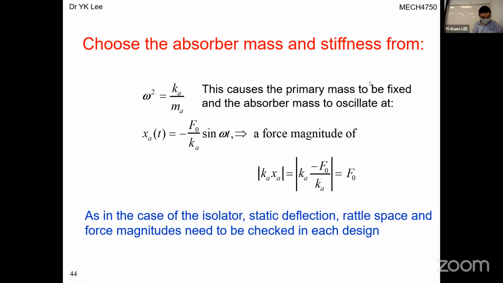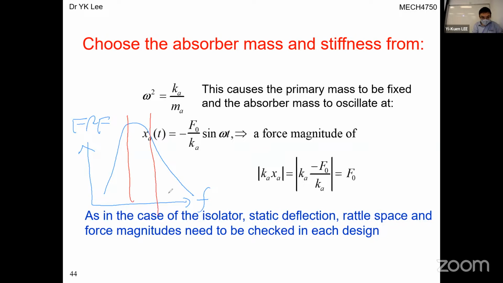In the frequency response function, we have a certain response, and within a certain frequency range, delta F or delta omega, the vibration amplitude can become 0.